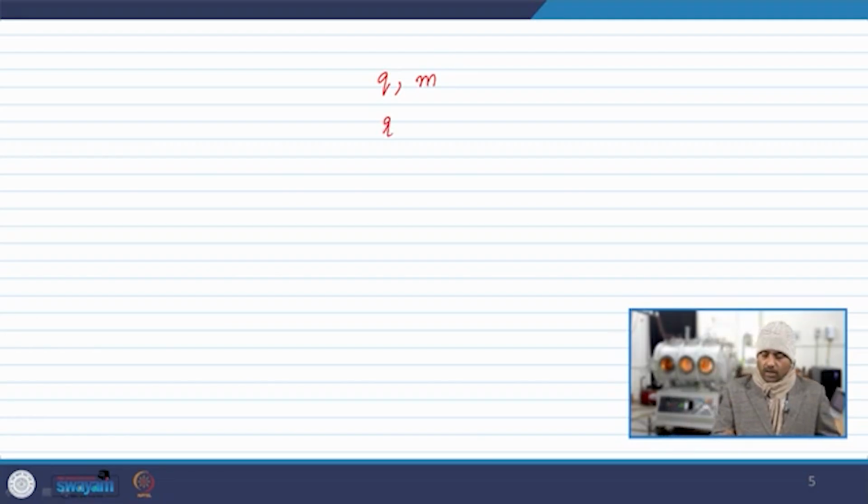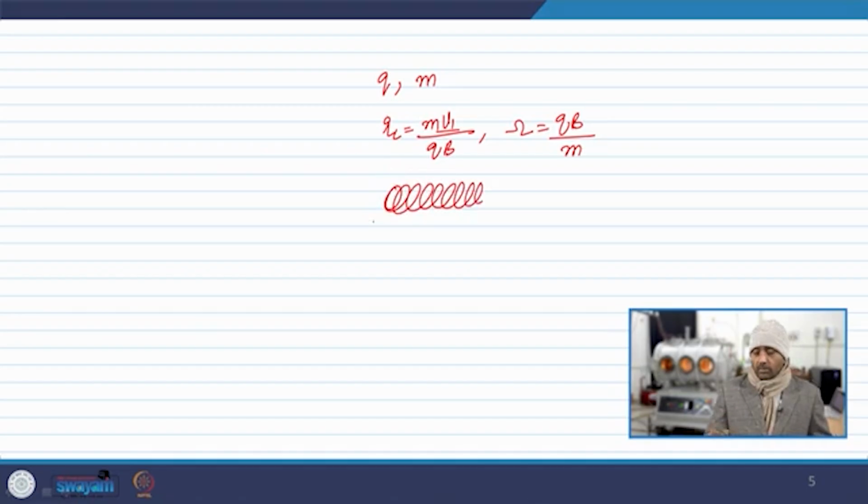So, RL is m v perpendicular by qB, omega is qB by m. So, for an electron the radius would be smaller and frequency would be larger, isn't it? Smaller mass means larger frequency.